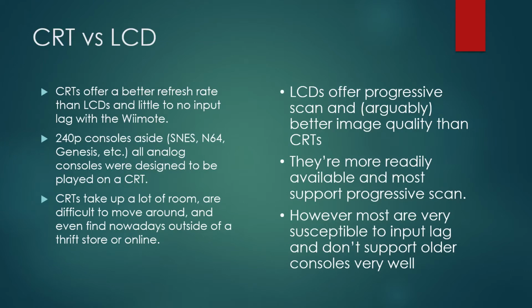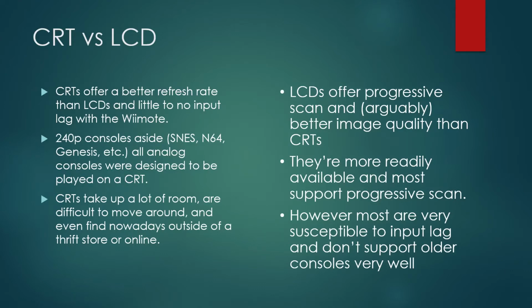But these are actually the best televisions to play analog consoles on. So, like the Super Nintendo, N64, Sega Genesis, and even the Wii, which was still an analog console, even though it's one of the newer consoles out.